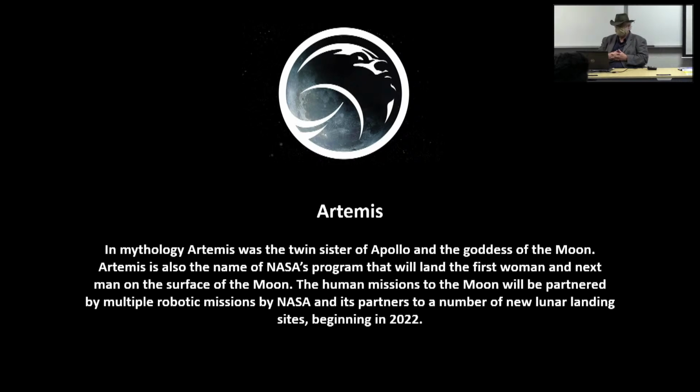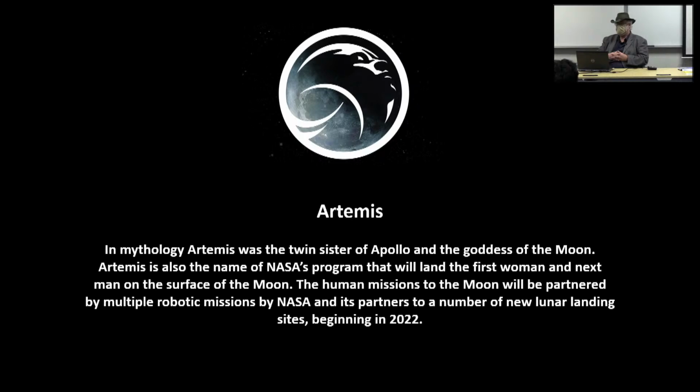We are also planning at this point in 2025 to be landing the first woman and next man on the surface of the moon. We're also going to be flying the first person of color to the moon. About time. This is the Artemis program.